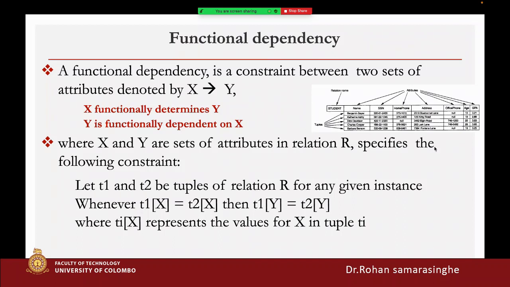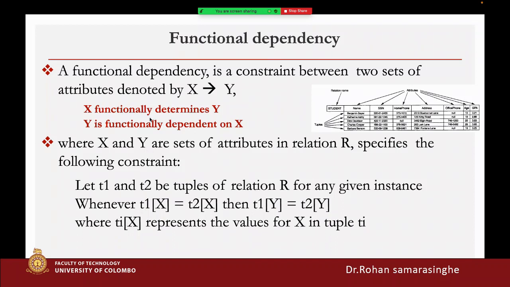If there are 5 tuples, T1 is the third one, any given instance. So whenever T1x equals T2x, then T1y equals T2y, where Tix represents the values for x in tuple Ti.